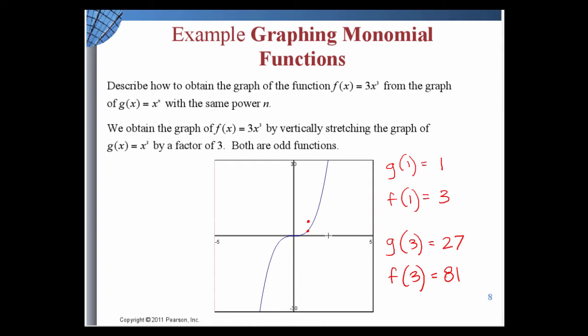And if 3, 27, this won't be to scale, but if 3, 27 was here, then 3, 81 could be way up here. So you can see if the curve had this general form like this, then we would be doing a stretch this way. So the values of f would be increasing much faster, or decreasing depending on where we're looking.